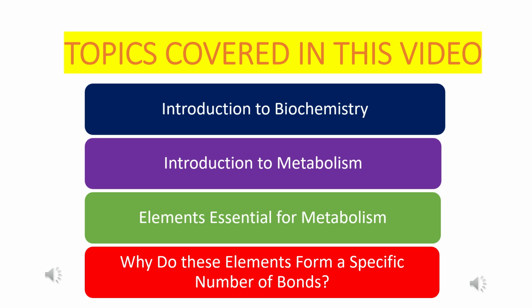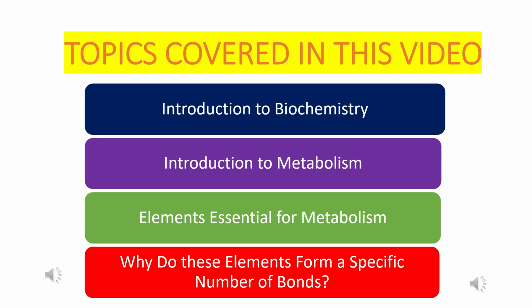We will explore concepts such as valence electrons, valency, and chemical bonding, which explain how biomolecules like proteins, carbohydrates, lipids, and nucleic acids are formed. By the end of this lecture, you will have a clear understanding of the basic principles of biochemistry and metabolism, providing a strong foundation for advanced topics.